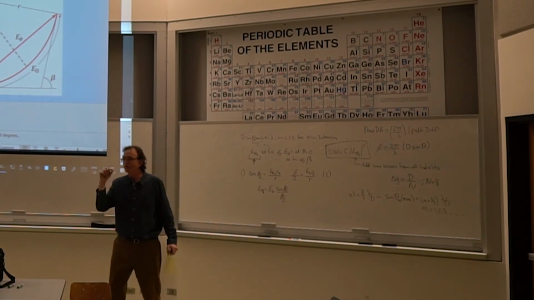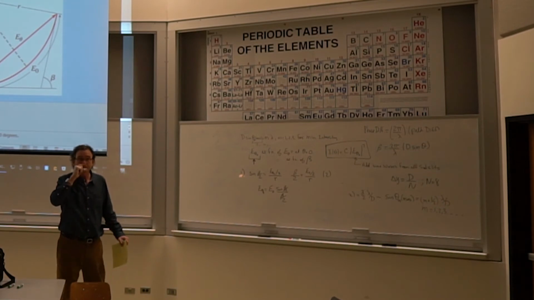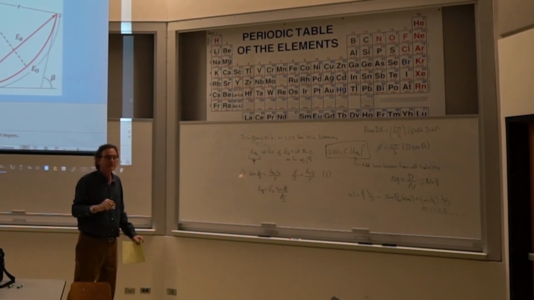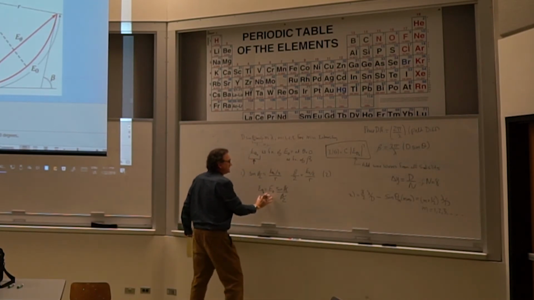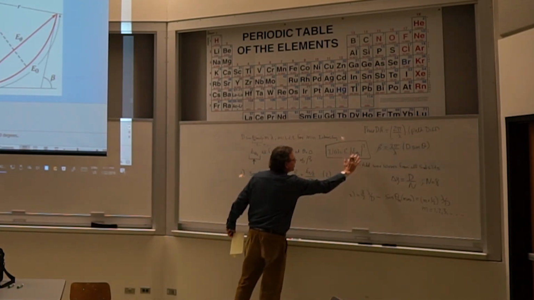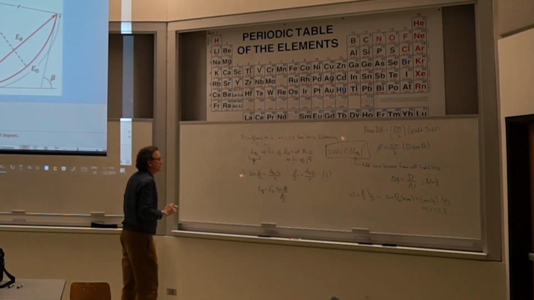I'm actually just 3 minutes away from the final result, which happens to be the 3 minutes left in the class. So now intensity is proportional to the square of the resultant amplitude of the electric field.